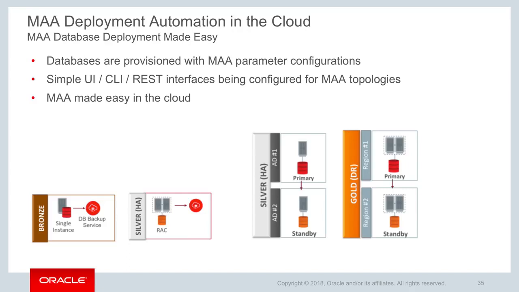And then the last one in this slide is the gold maximum availability architecture deployment model, where you are deploying a rack database in region 1 and a standby rack database in region 2.